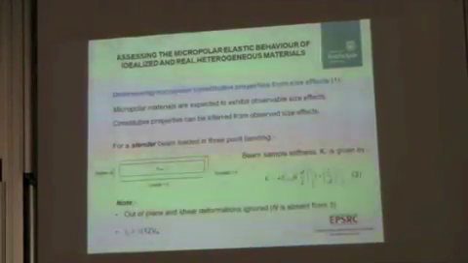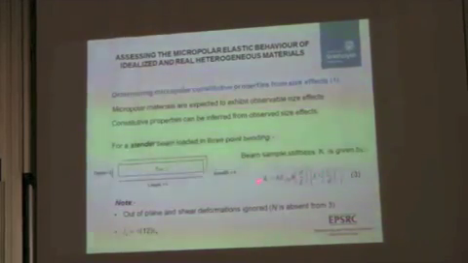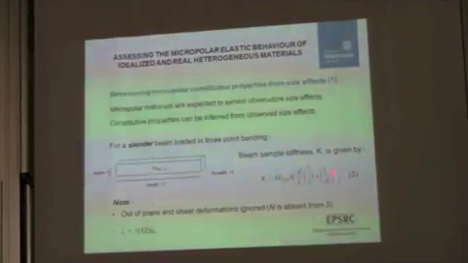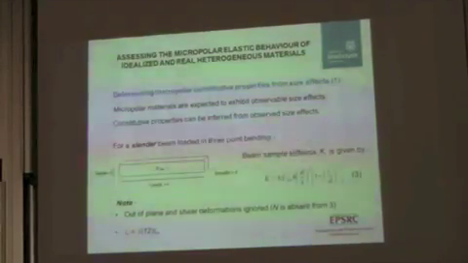I should point out that the equation over there on the right, although it's an analytical solution, is a simplification, and it ignores things like out-of-plane effects. It's just the solution for a slender Bernoulli-Euler beam with this correction term in square brackets at the end, which contains the length scale parameter. A couple of points I should point out.